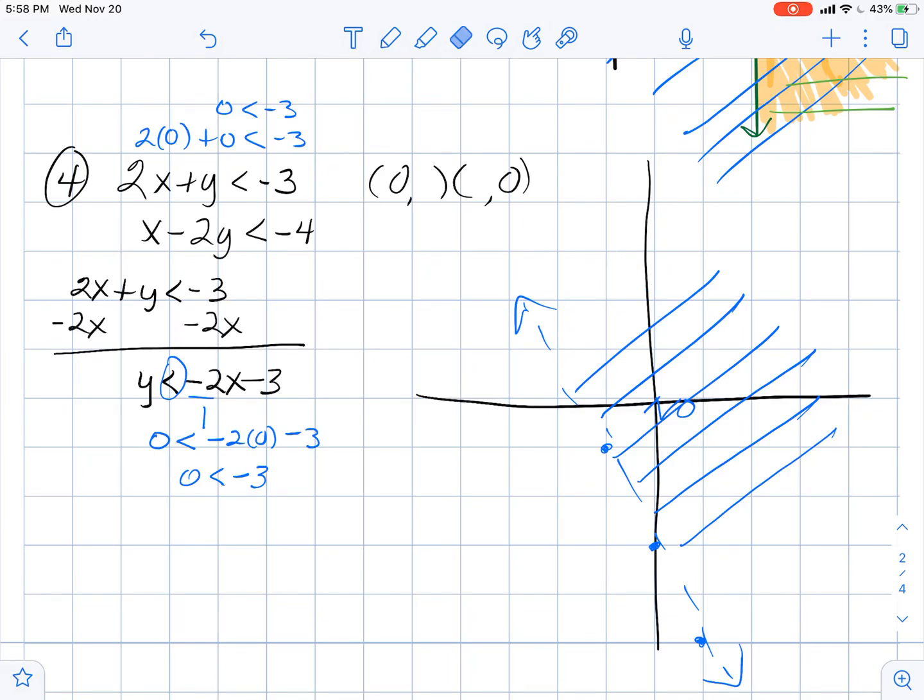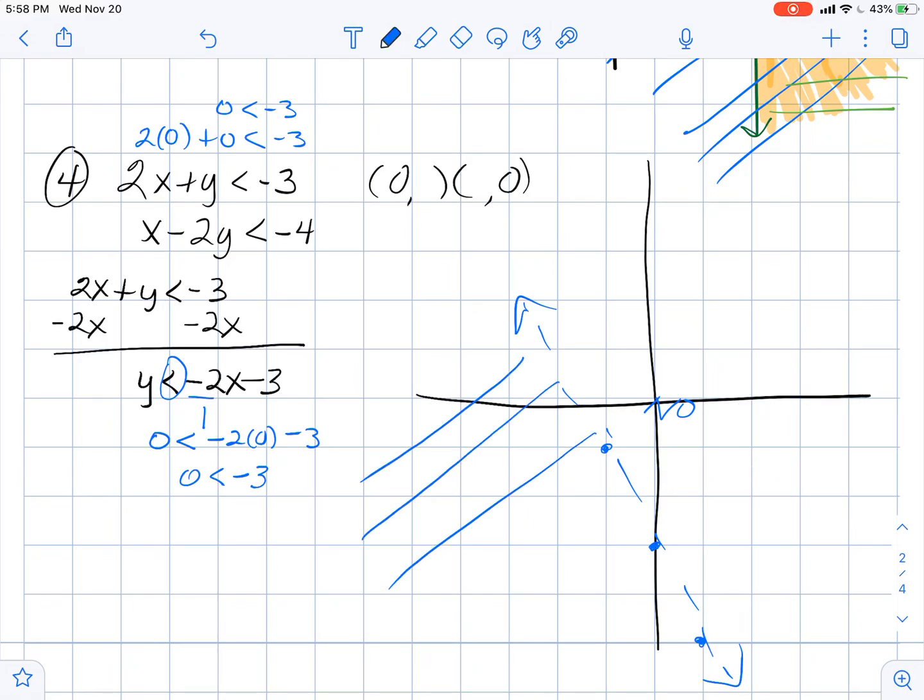I'm going to graph down. Okay, that's a no, sorry. I'm going to graph this direction. Okay, so again, no is here, yes is on the other side.